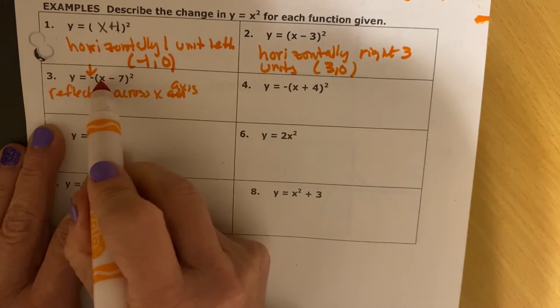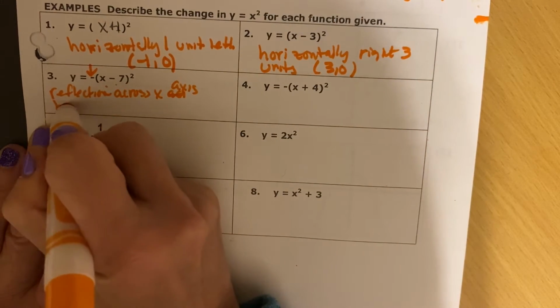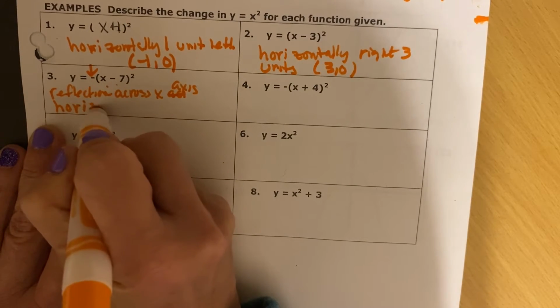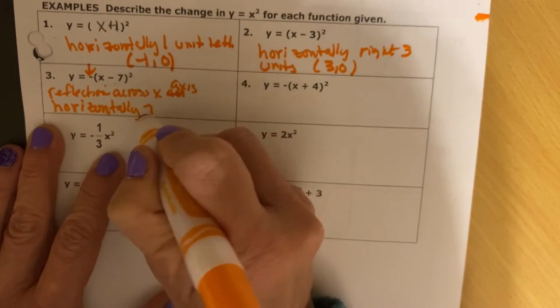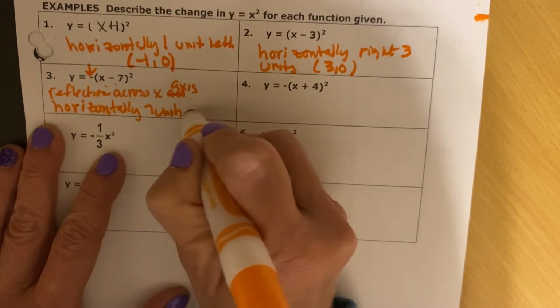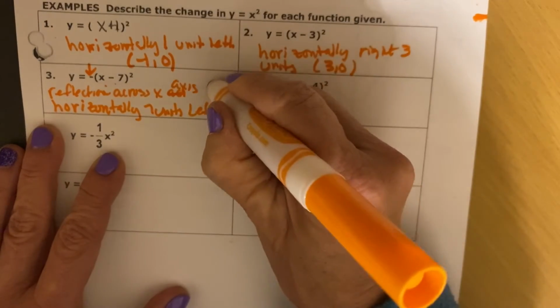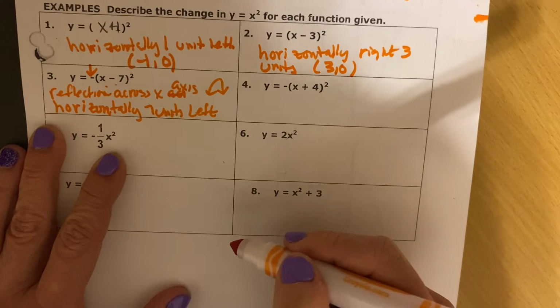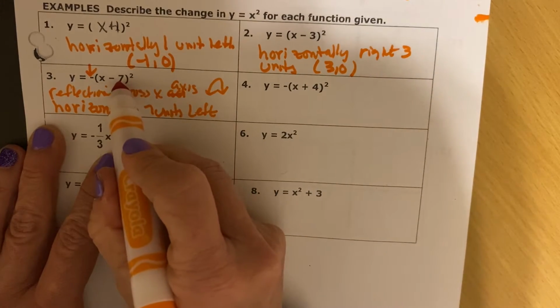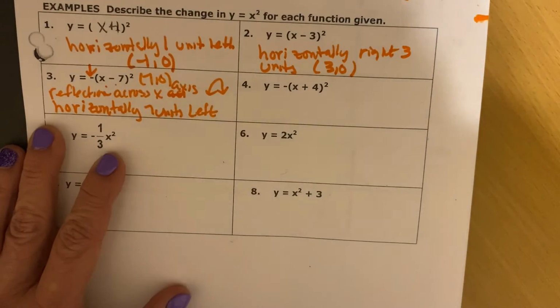The (x minus 7) in parentheses is going to be my horizontal movement. So I've moved horizontally 7 units to the right, and I know that my parabola is going to be upside down. My vertex is going to be at 7, 0.